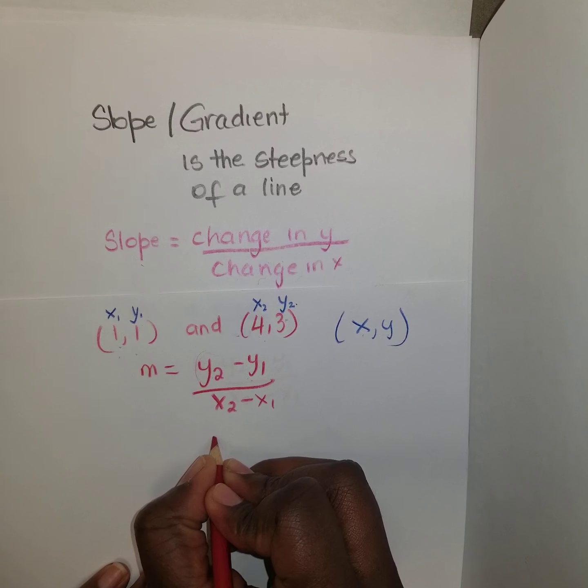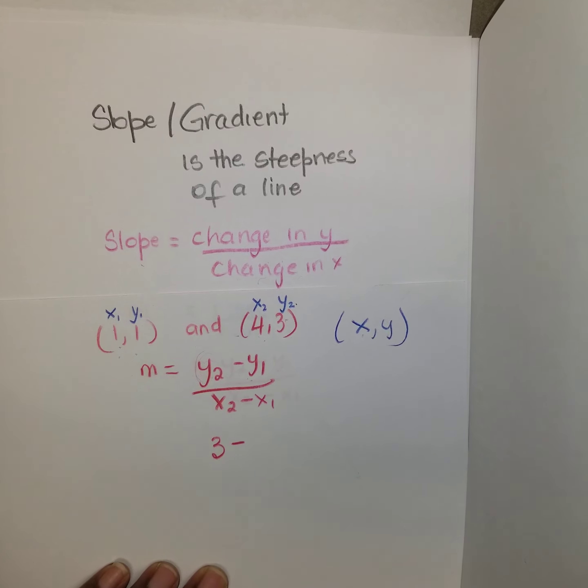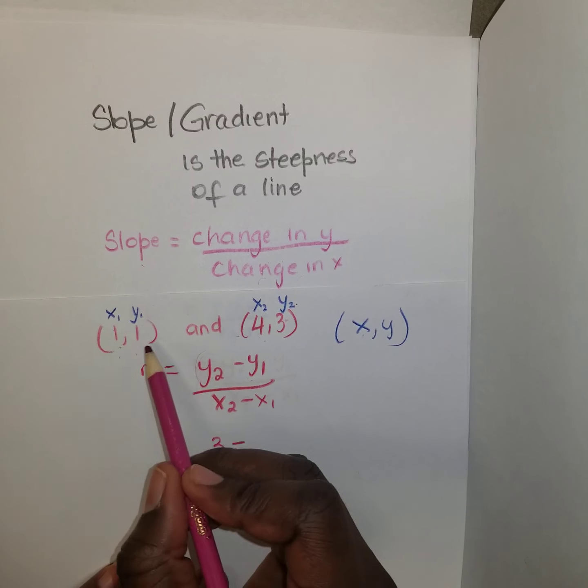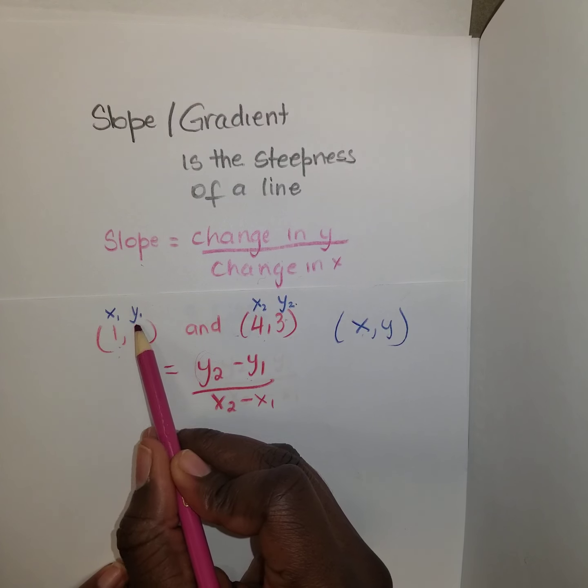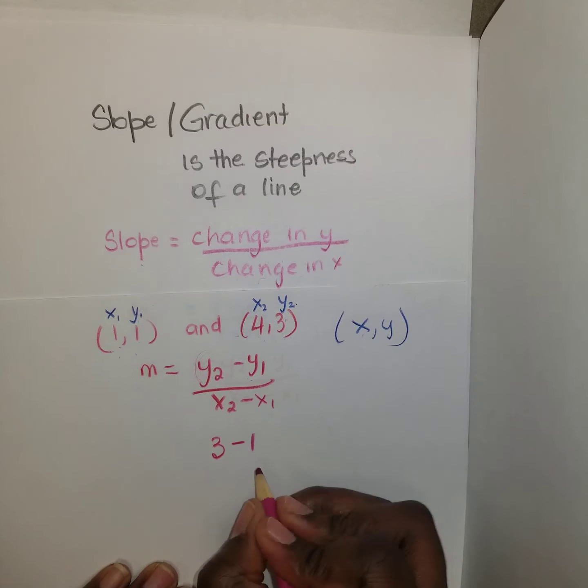So I'm going to be writing the 3 here. So it's 3 subtract whatever y1 is. And y1 is on this side. So y1 is 1, divided by x2. x2 is 4. So it's 4 subtract x1, which is 1.